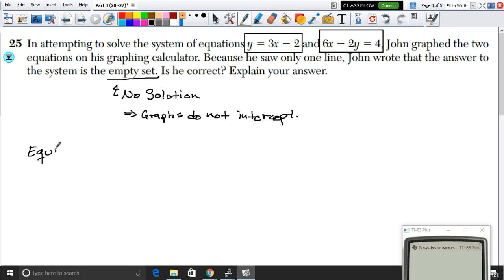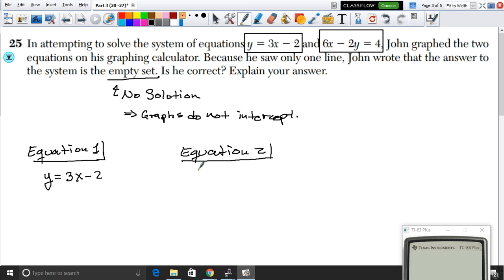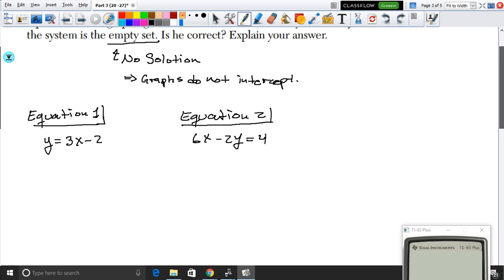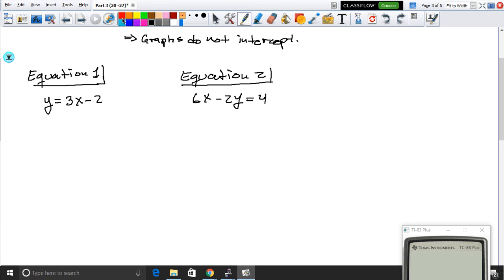So let's separate it. Equation 1 is already solved for y, so that gives us no problem whatsoever. Now let's see what happens with equation 2. Equation 2, we have 6x minus 2y equals 4. Let's solve for y and see what happens here. If we want to solve for y, let's eliminate the 6x. This cancels.